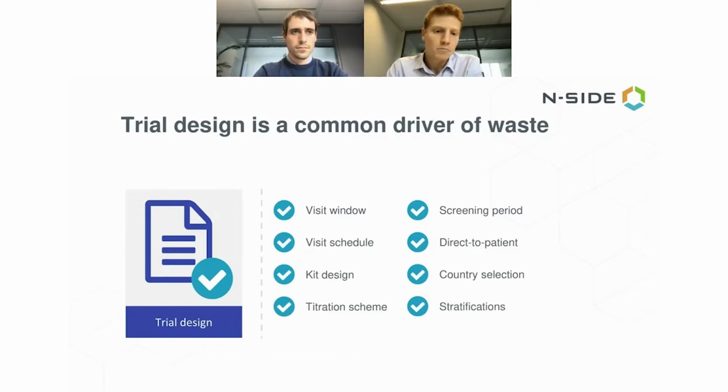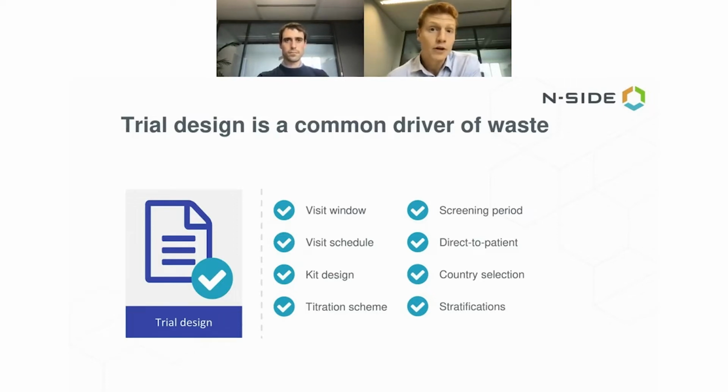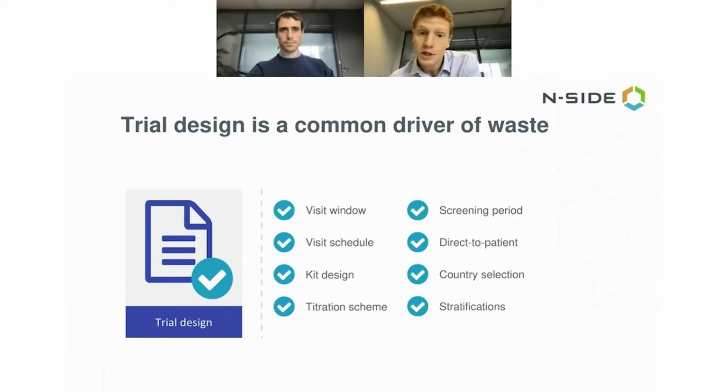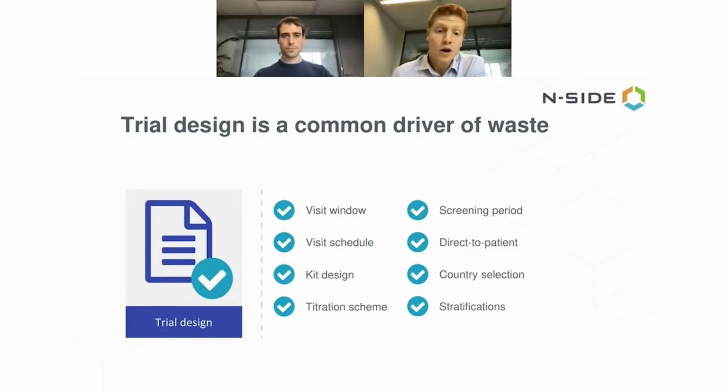Indeed, the visit window, the visit schedule, the kit design, the different titrations, the screening period, or the kits directly shipped to the patient's house, the country selection, or the stratifications of the different patients, all these decisions might be considered as a small detail, but at the end of the day, they can have huge consequences on the waste.